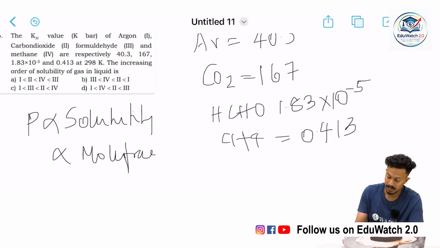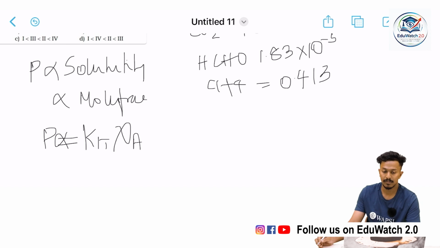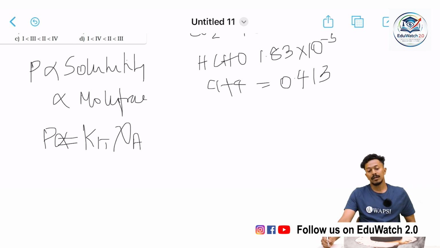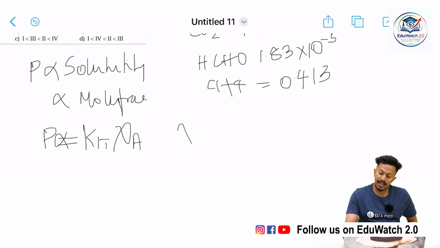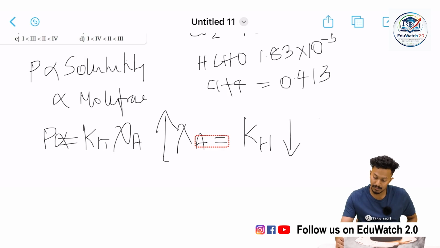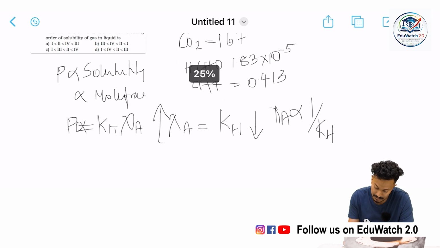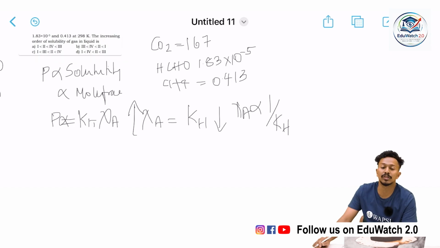P is equal to Kh times Chi A. When Chi A is increased, Kh is decreased. It is inversely proportional: Chi A is inversely proportional to the value of Kh. So by this we could say that the lowest value of Kh has the highest solubility.